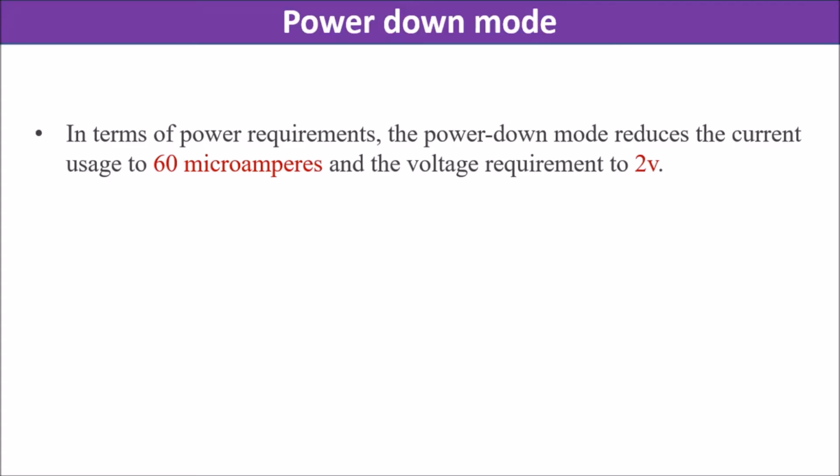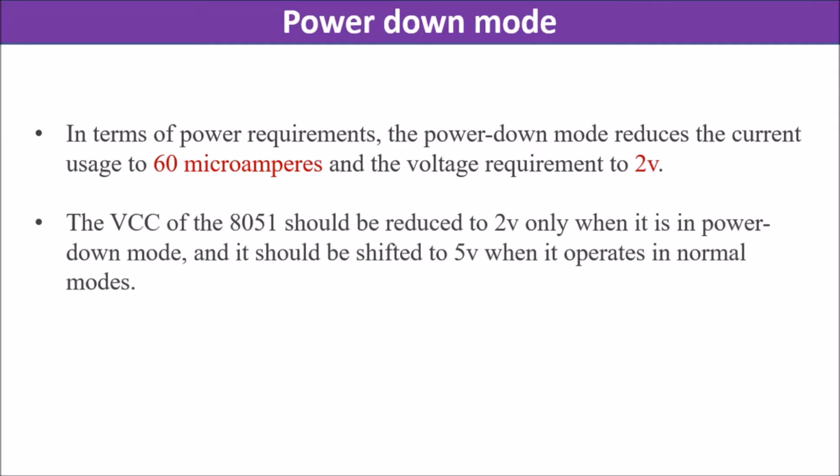So only a 2 volt supply is required and current consumption will be only 60 microamperes. The VCC of this 8051 will reduce to 2 volts only when it is in power down mode, and VCC should be 5 volts when it operates in normal mode.